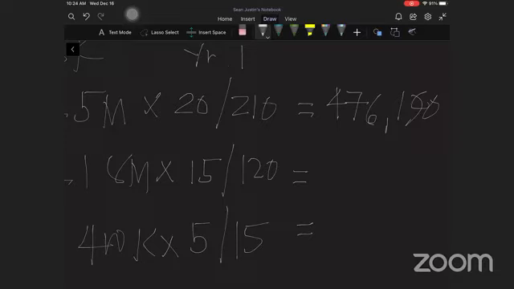So next, machine B, pila ang depreciation expense for year 1? 1,800,000 times 15 divide 120. Okay, that is 225,000. How about machine C? That's 400,000 times 5 divide 15. That's 133.33. Okay.